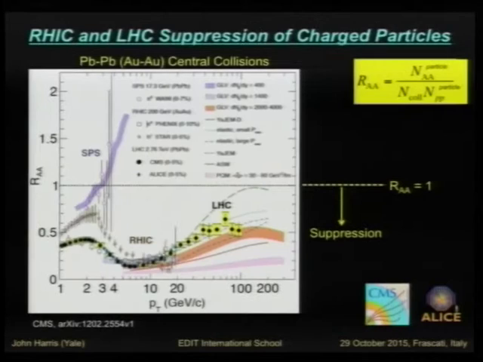And it turns out that this enhancement was seen at the SPS, which is fixed target, 17 GeV center of mass energy, and it was seen at Fermilab in fixed target proton-nucleus interactions.